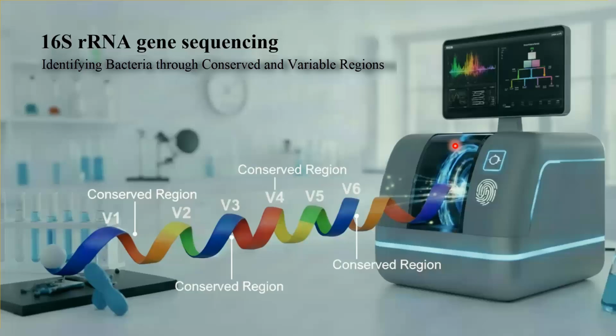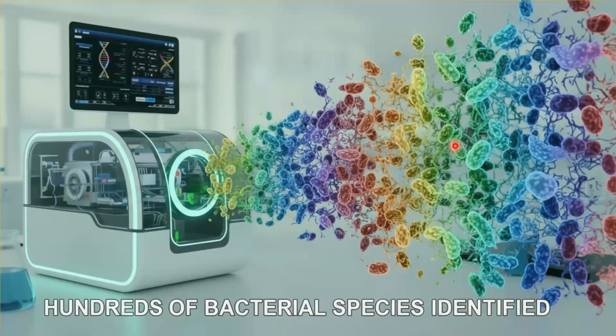This gene contains both conserved and variable regions. The variable regions act like a fingerprint, allowing us to distinguish different bacterial species. For example, in a human gut sample, this method can identify hundreds of bacterial species at once. So this method helps answer a fundamental question: who is present in a microbial community?